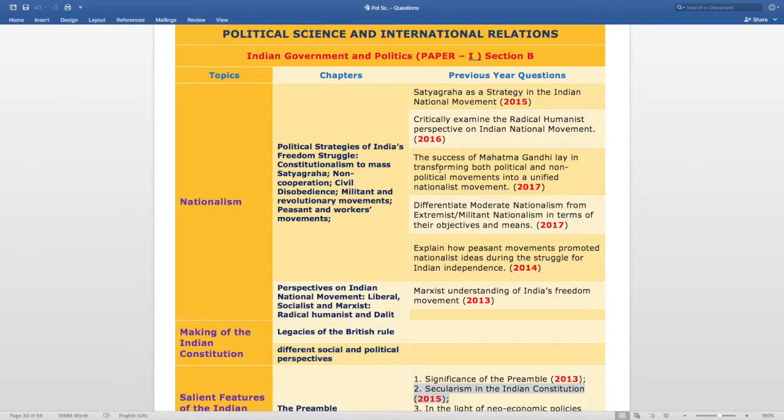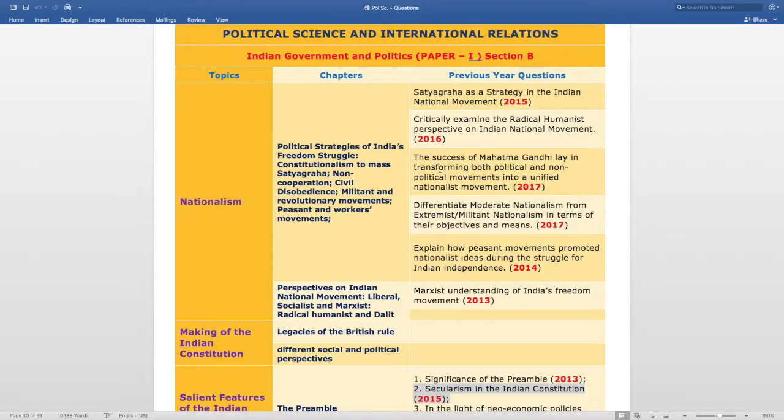The topic is nationalism, and the question asked from this topic is: Satyagraha as a strategy in the Indian national movement. This question is asked in 2015. The next question is: critically examine the radical humanist perspective on the Indian national movement.